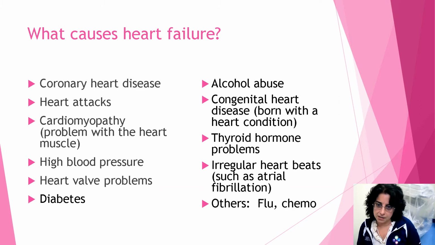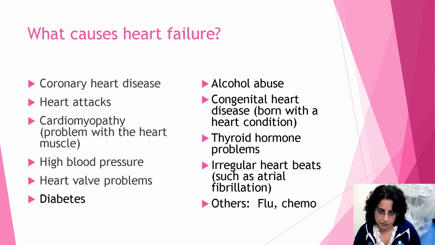Things like diabetes and alcohol abuse affect the muscle tissue at the cellular level, so they can do damage to the cells, which over time will accumulate and cause the muscle tissue to be affected. Congenital heart disease and valve problems typically impact the way the blood flows, how much pressure is within the heart, which again, similar to high blood pressure, can cause the heart to weaken.